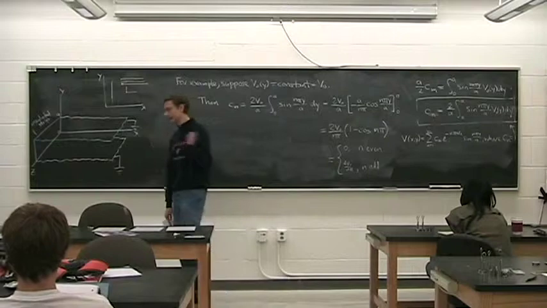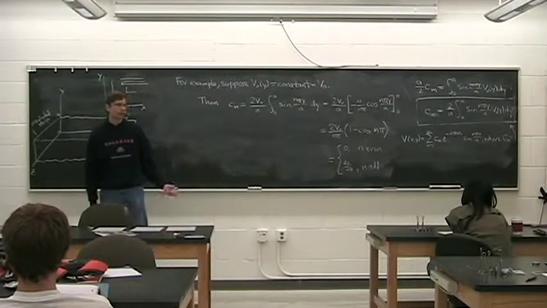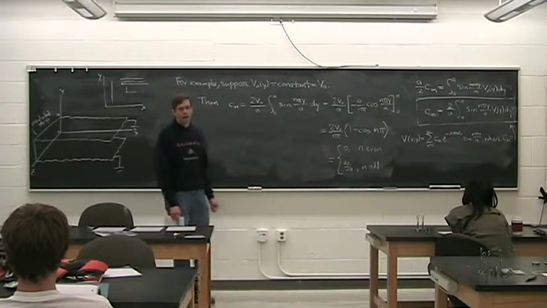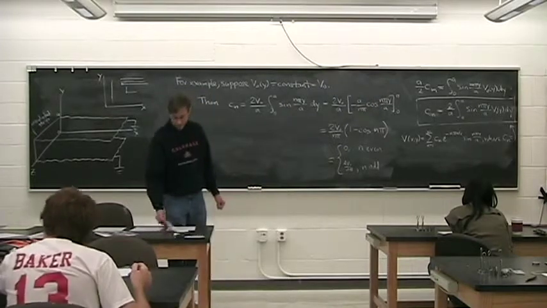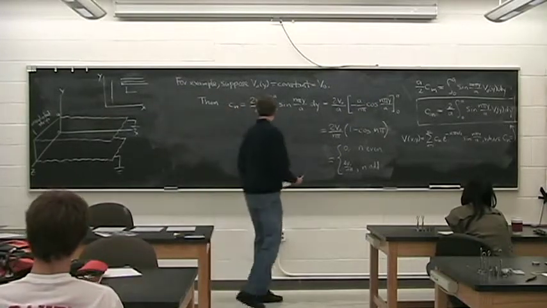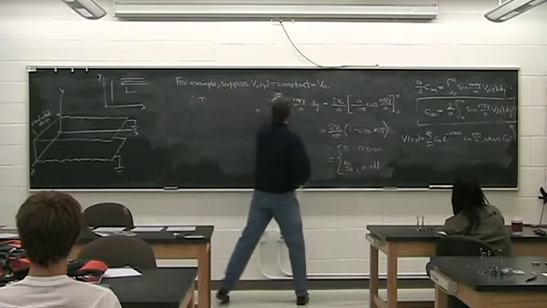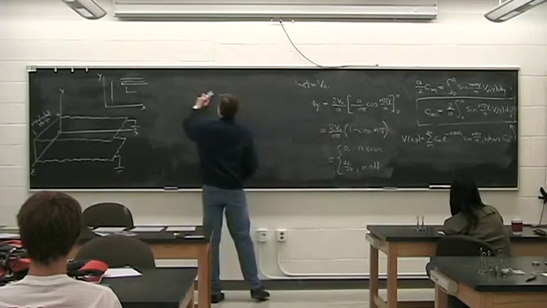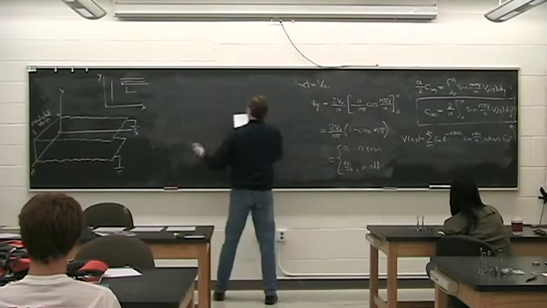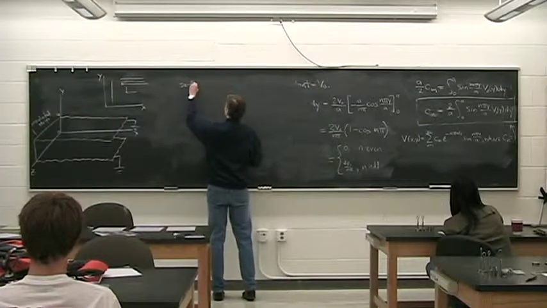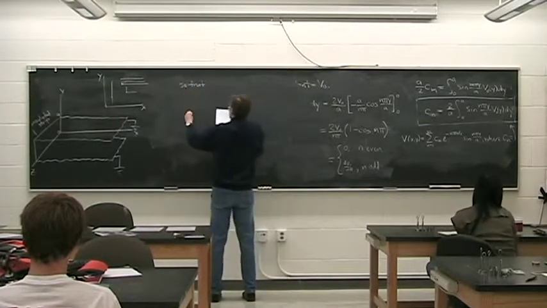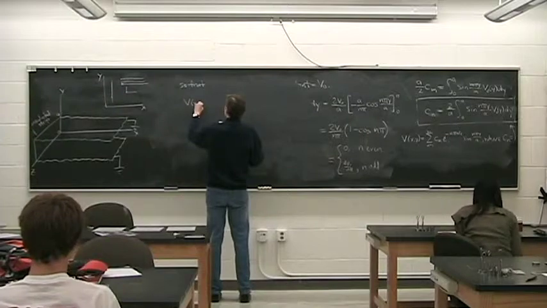For any finite number of terms, you get an approximation to the solution. It turns out in this case the series can be summed. It's like a sinh function or something like that, but I didn't even bother writing it here. That's in the book, because in general you can't sum the series explicitly.